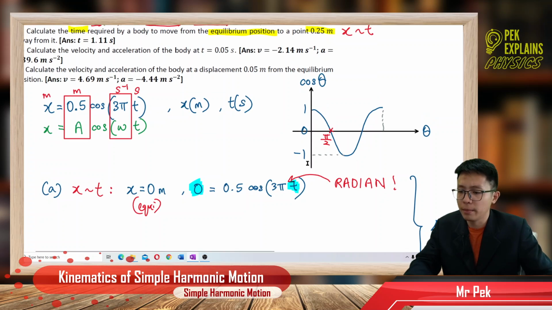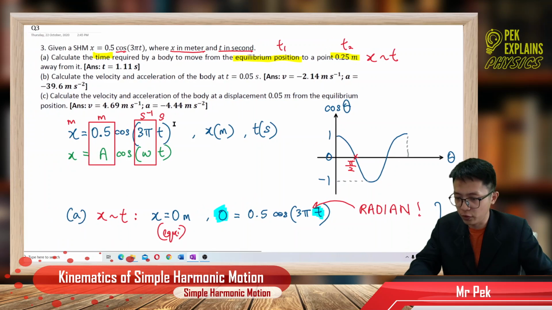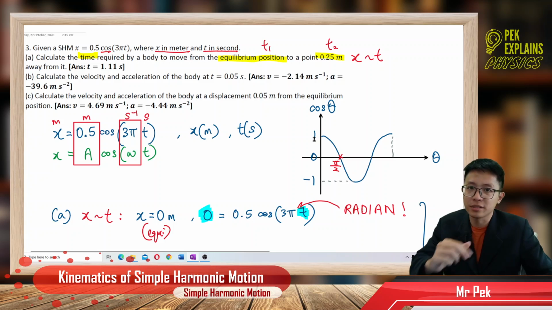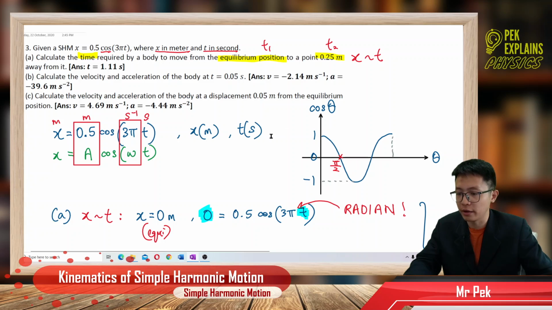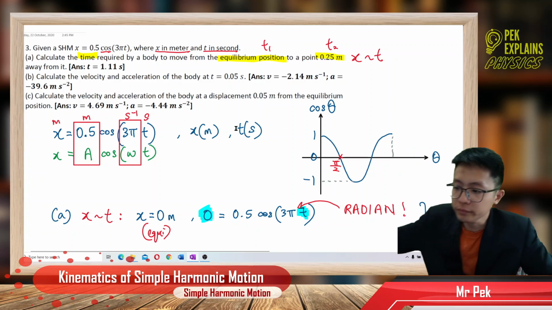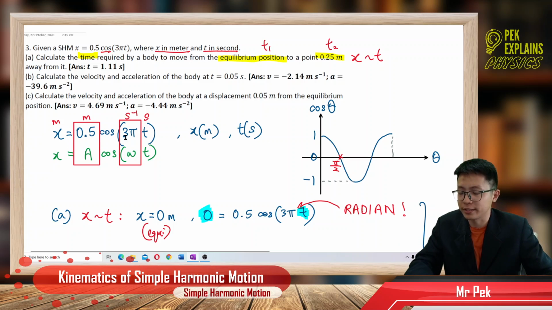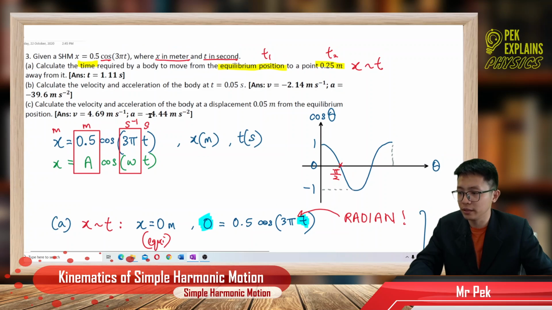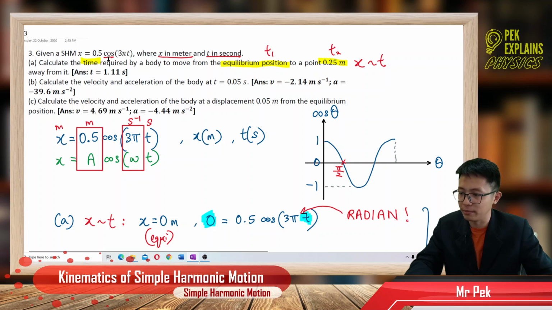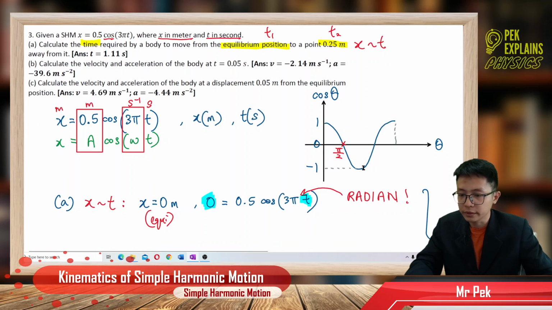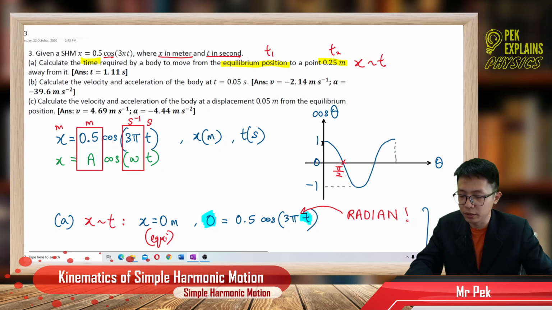Now, before you go forward, we sketch the cosine graph. This cosine equation is actually this cosine graph, isn't it? So this motion actually starts from the amplitude.